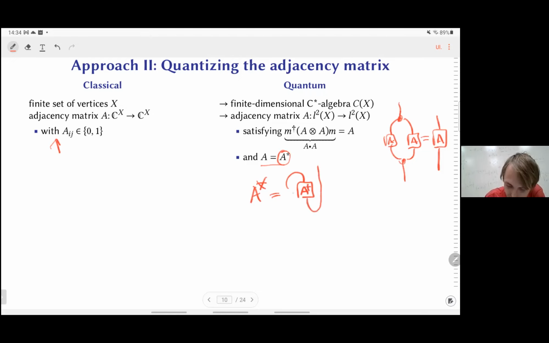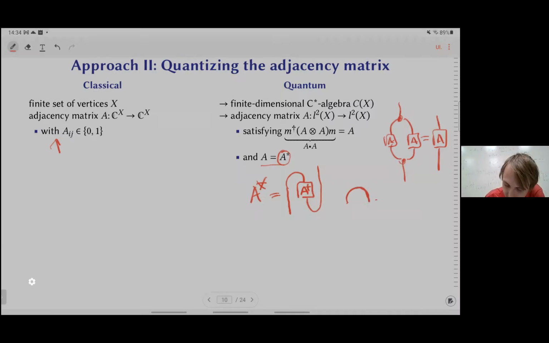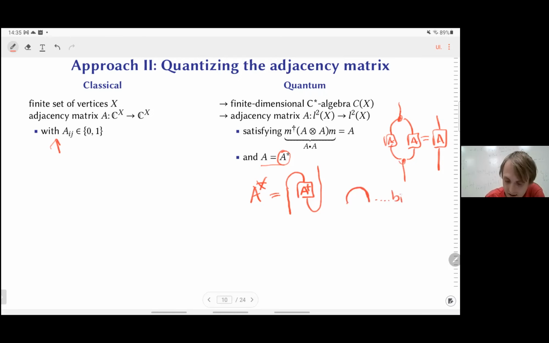I am not sure how familiar you are with those diagrammatical calculi. So here, this diagram, this is my bilinear form. You read from bottom to top.